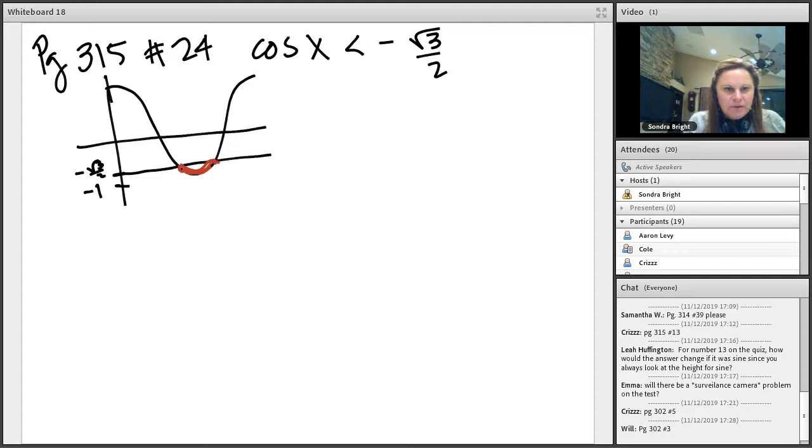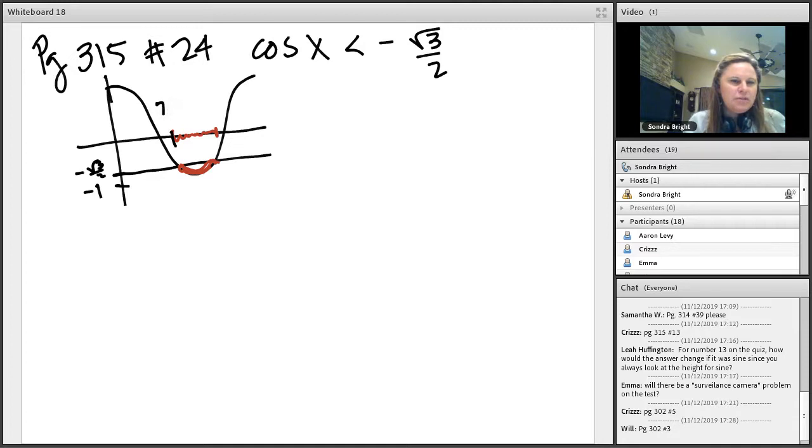From here to here. So whatever x value that is to whatever x value that is. And we want all of these guys in between. And so when is cosine equal to negative root 3 over 2? Cosine is root 3 over 2 on the 30-degree reference angles, but negative in quadrant 3, so 7 pi over 6, and then again at 11 pi over, wait, no, taking it back, not true.